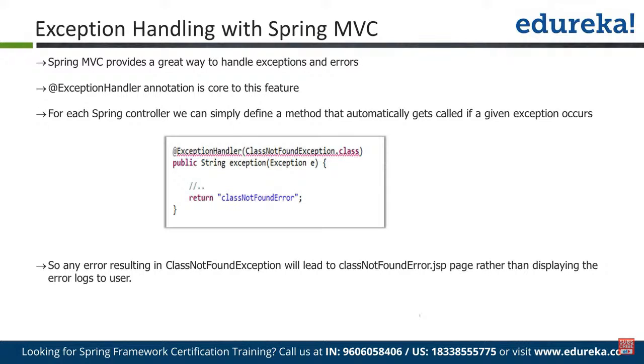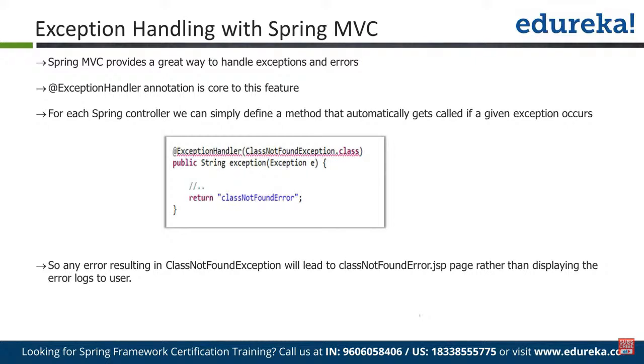So this flexibility or agility is provided by these annotations, which are part of Spring MVC. In this case, if there is any error or exception like ClassNotFoundException, rather than showing some random message to the user, you can open the class not found error JSP if you find that is relevant for your business. So this way you can customize your exception and the page which you want to show.